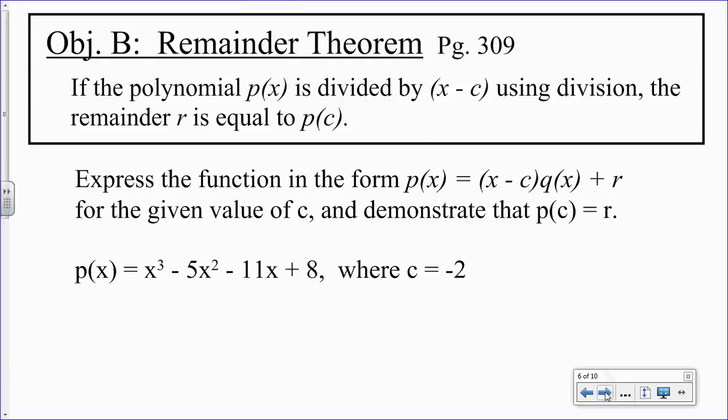Okay, so we have this remainder theorem. The remainder theorem tells us that when we divide by a linear factor, and we plug in that zero into our original, then whatever value we get when we plug it in would be the same as our remainder when we divide it by its factor.